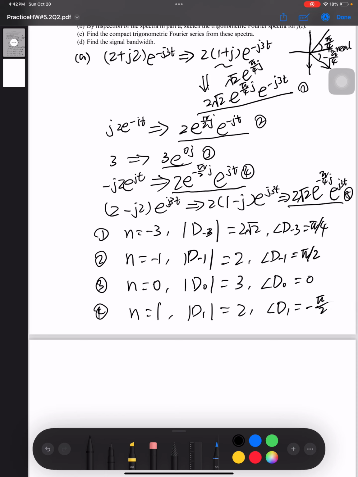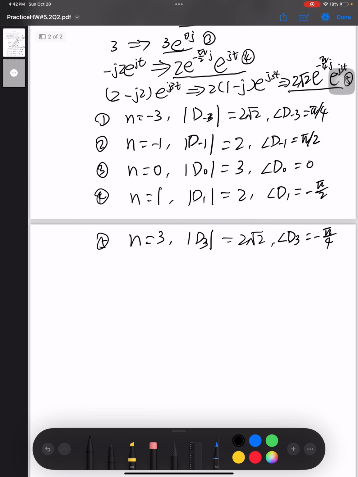And the last term, n equals 3, and the amplitude equals 2 times square root 2, and the phase equals minus pi over 4. So based on these 5 terms, we can sketch the spectrum.